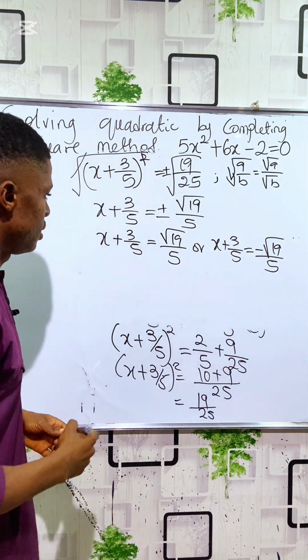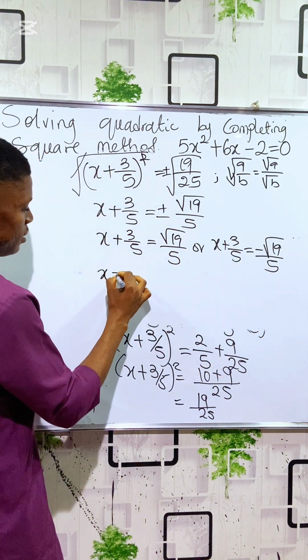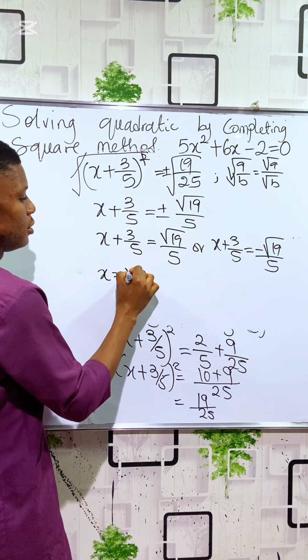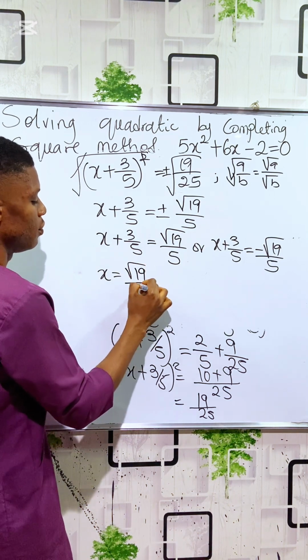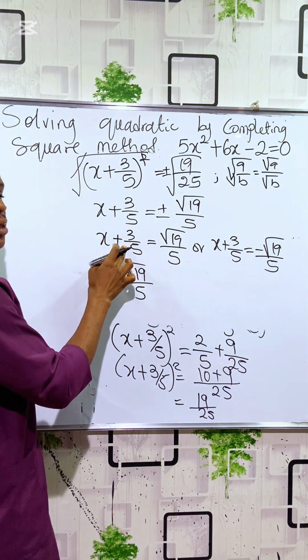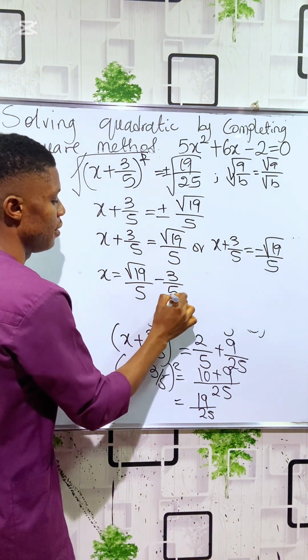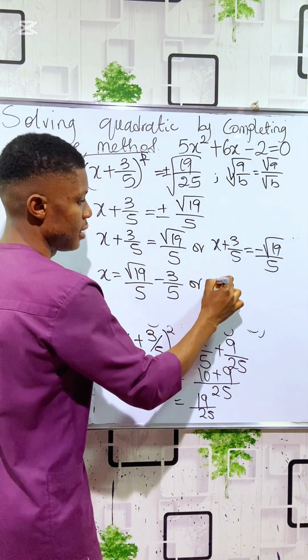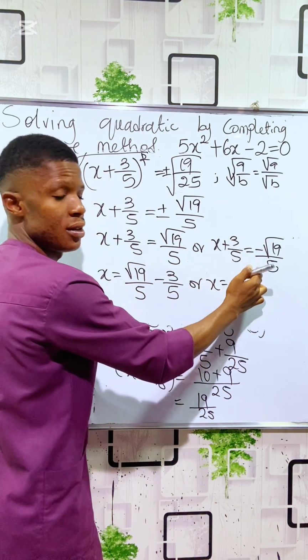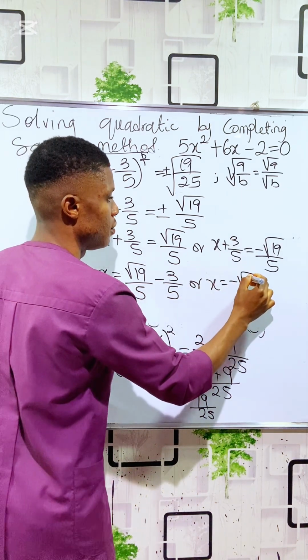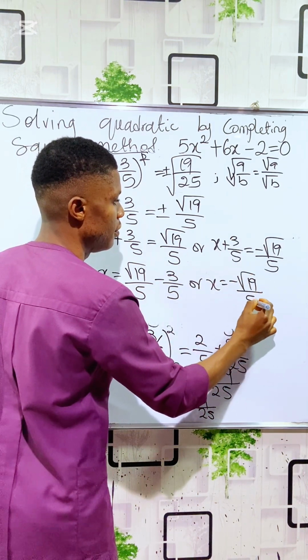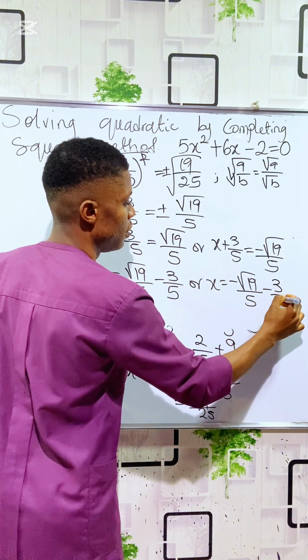On getting this, you can now see that x is equal to the square root of 19 over 5. We have to subtract 3 over 5 from both sides, minus 3 over 5, or we have x is equal to, for this part, minus the square root of 19 over 5 minus 3 over 5.